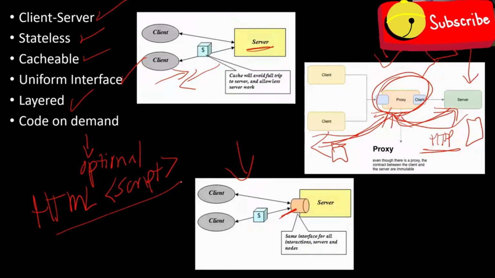I wasn't able to find an image on code on demand, but just know that it's specific code in this HTML document that the browser will automatically fetch for you, and it will execute on your end. That's all that really does. Again, it is optional, but it is exactly what it sounds like, code on demand. You can get JavaScript code in this HTML document to run on your computer.